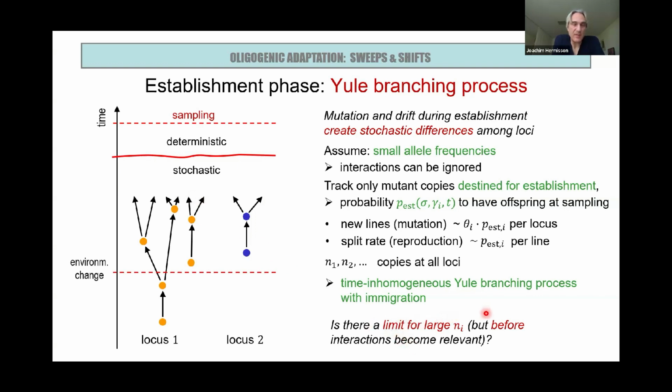So this is a mathematical question. There are only two loci here, but imagine these are many loci, and we have a statistics of the number of lineages at all these loci. There should be something like a joint distribution that counts the number of lineages at all these loci at some stopping condition.